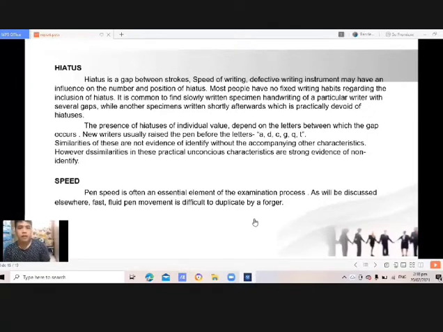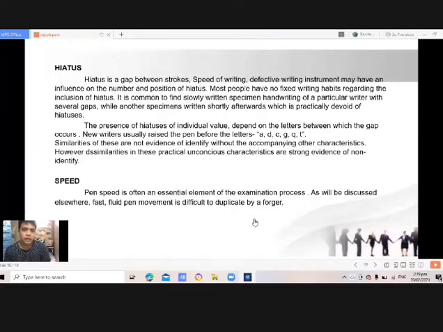It is common to find slowly written specimen handwriting of a particular writer with similar gaps, while another specimen written shortly afterward is particularly devoid of hiatus.